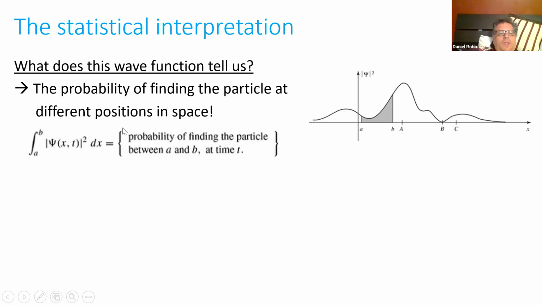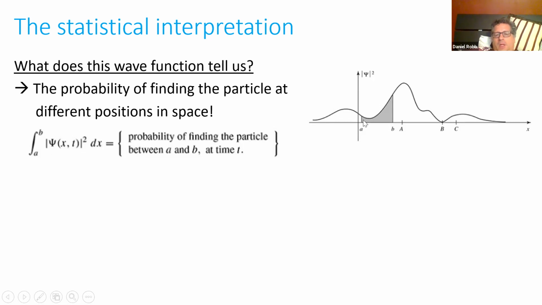And so we can make that mathematical by saying that the probability of finding the particle between 2 points, little a and little b here, the shaded region, is the integral from a to b of the square of the wave function.